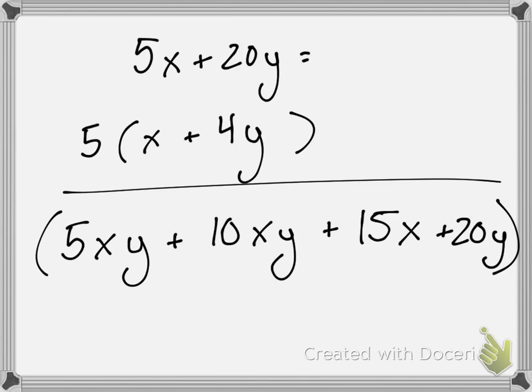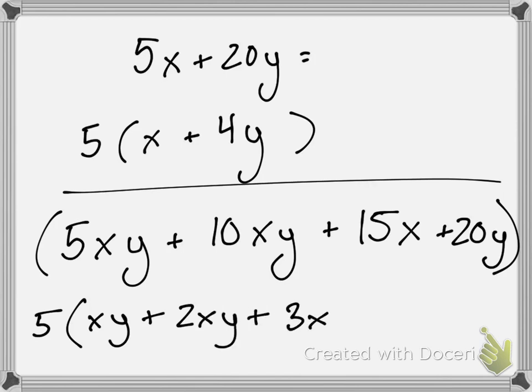So excellent, that greatest common factor is 5. 5, 10, 15, 20, all divisible by 5. So I got to pull out that 5 again. And I'm now left with xy plus 2xy plus 3x plus 4y. Because these two have matching variables, but the others don't. So I can't pull it out.